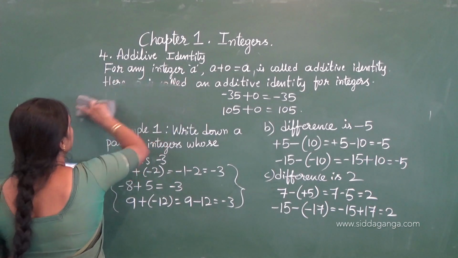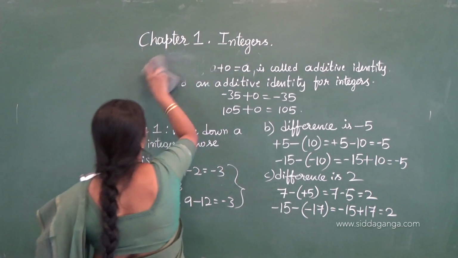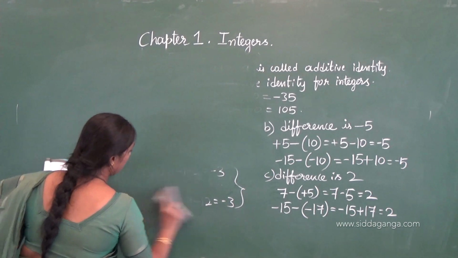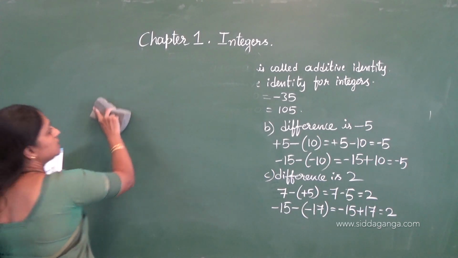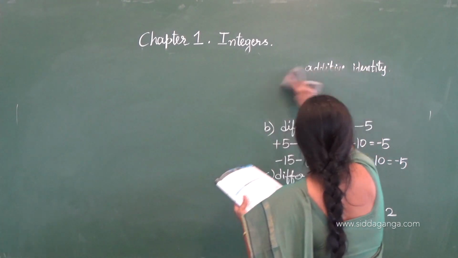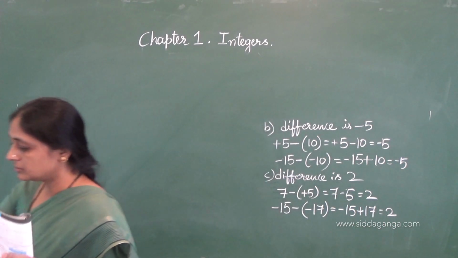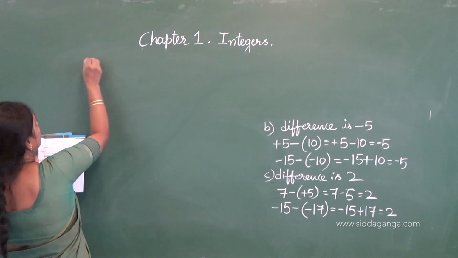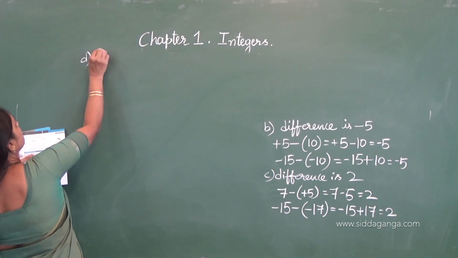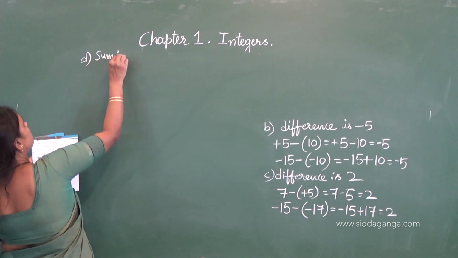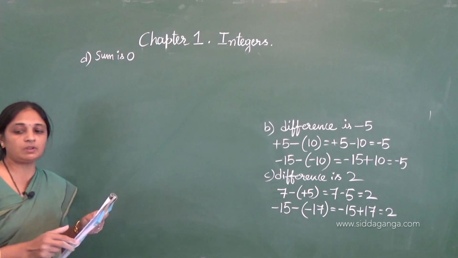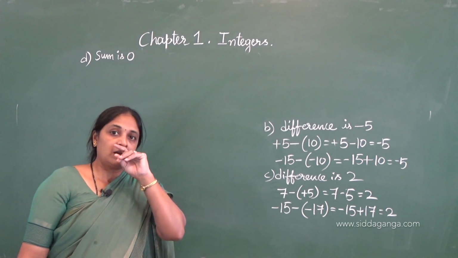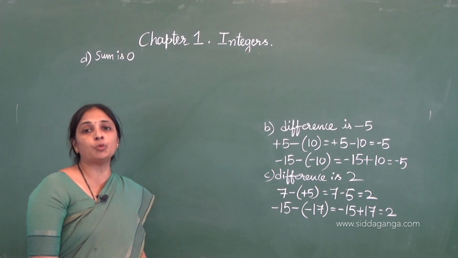Then the fourth one given is D: sum is 0. We have to think of different ways to get the given condition. We can take so many integers. When we get 0, we have the same number with opposite sign.